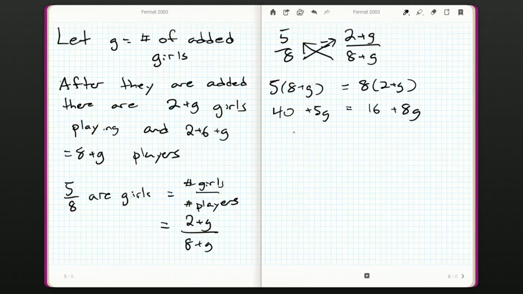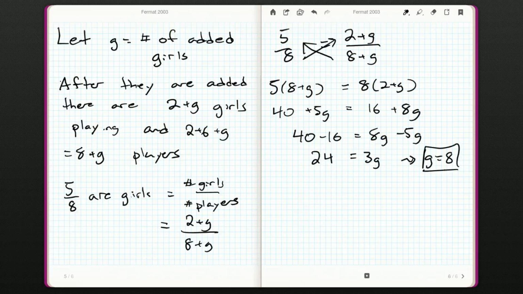So we can rearrange, bring the 16 over onto the left side and the 5G over onto the right side by subtracting. 40 minus 16, that's going to be 24. And 8G minus 5G, that's going to be 3G. Doesn't take too long to realize G is going to be 8. We have a whole number of girls being added, so that certainly at least makes sense.